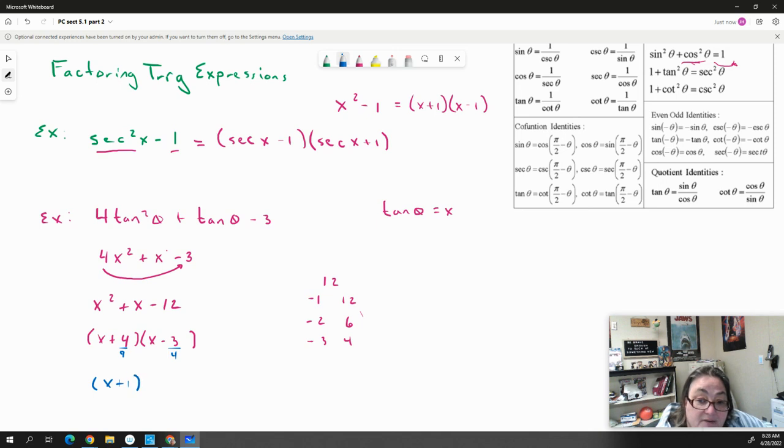If it doesn't divide evenly, like in this case, 3 divided by 4 doesn't give me an even number, we're just going to move this 4 out in front of the x. So that would be 4x minus 3. Now this is our factored final problem.